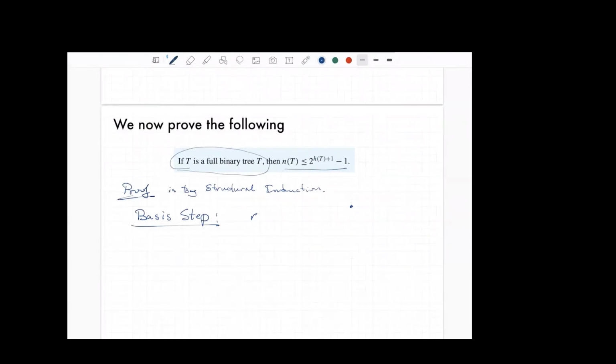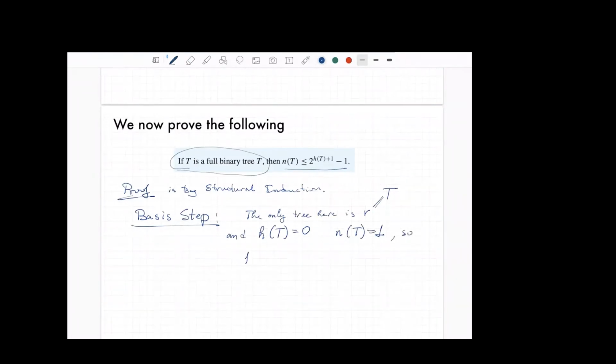Well, let's write it down carefully. The only tree here is R, and this is my T. The height of T is 0, and N of T is 1.